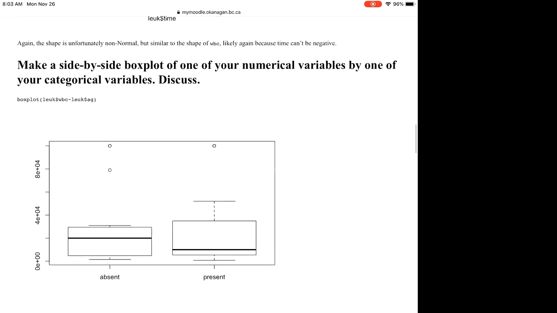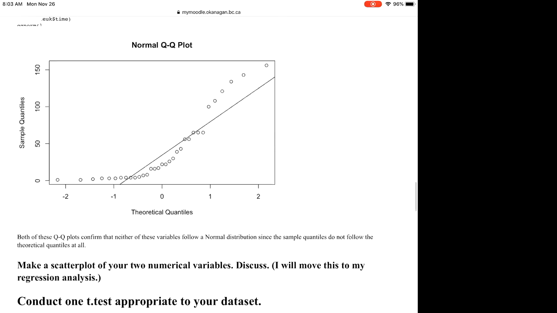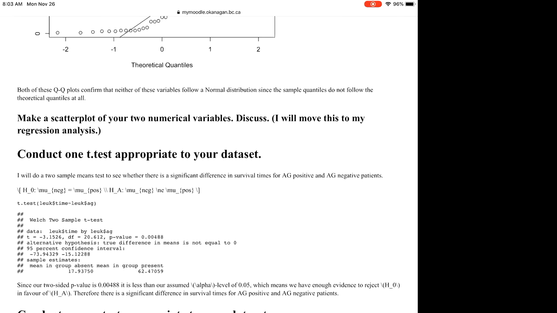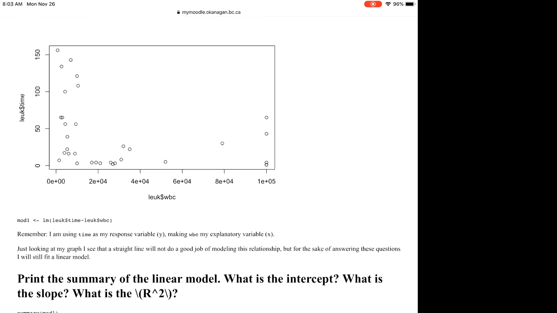The one tweak that I did was I saved my scatter plot. I have a question for you, and you're allowed to do the same thing. So make a scatter plot of your 2 numerical variables. I just moved it to my regression analyses, where I'm fitting the straight line. Doesn't matter.